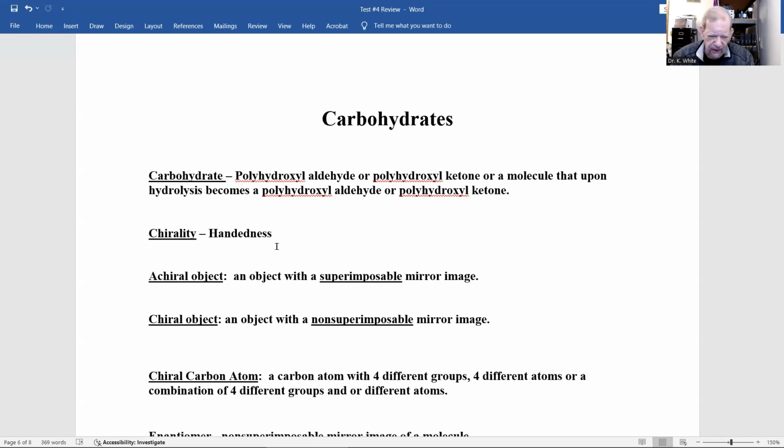So you should know the definition of chirality. Now, there are two types of objects: an achiral object and a chiral object. I'll never ask the definition of achiral or chiral, but you should know how to identify whether an object is chiral or achiral.